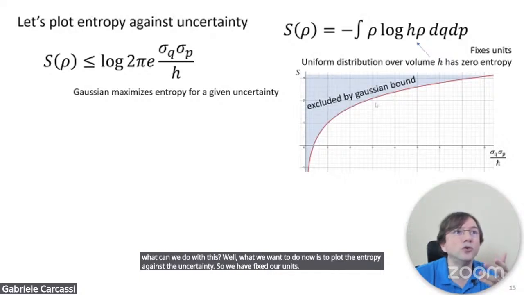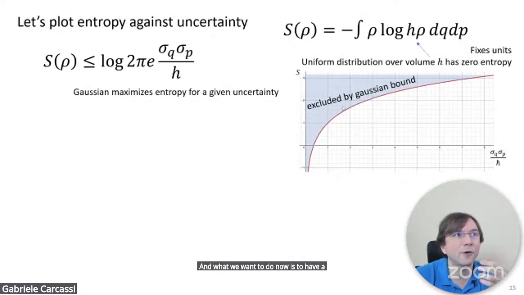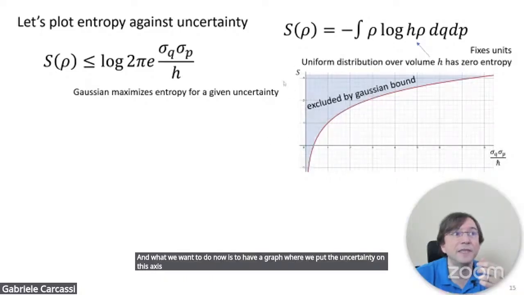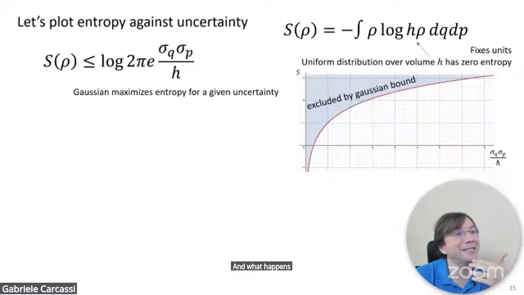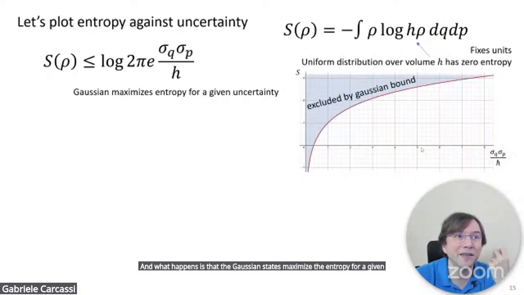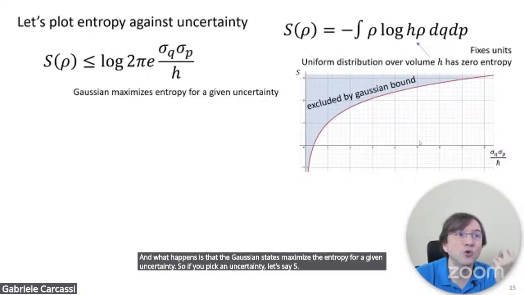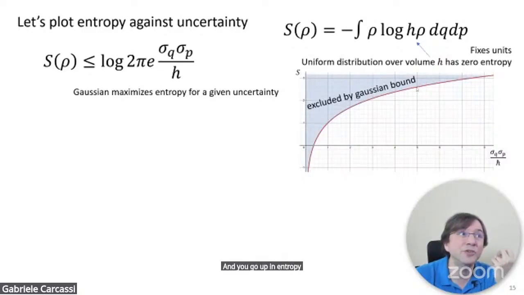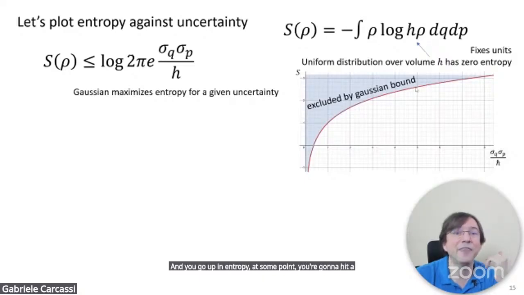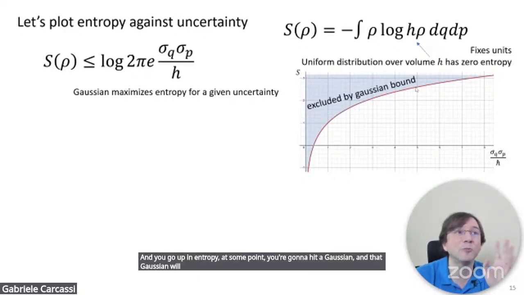What we want to do now is to have a graph where we put the uncertainty on this axis and the entropy on the other axis. And what happens is that the Gaussian states maximize the entropy for a given uncertainty. So if you pick an uncertainty, let's say 5, and you go up in entropy, at some point you're going to hit a Gaussian, and that Gaussian will have the maximum entropy for the given uncertainty.